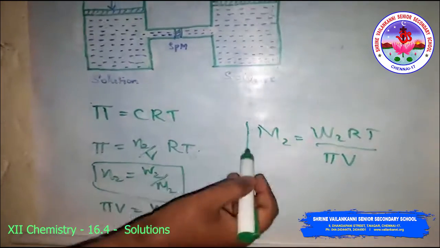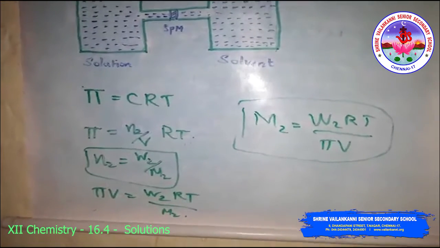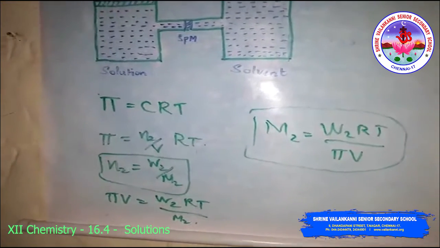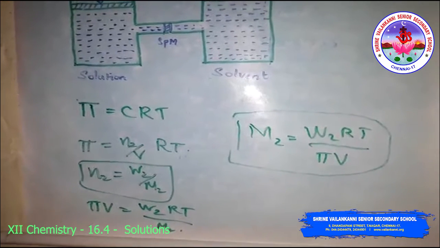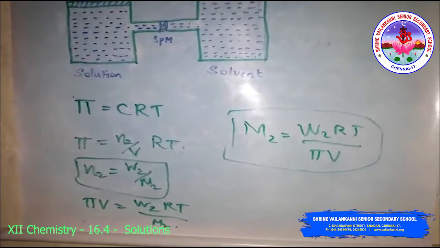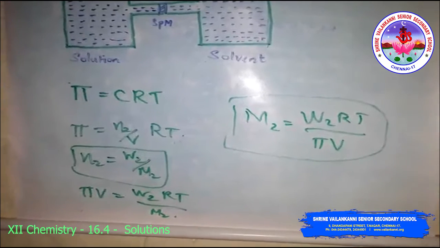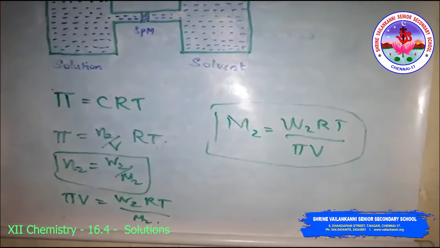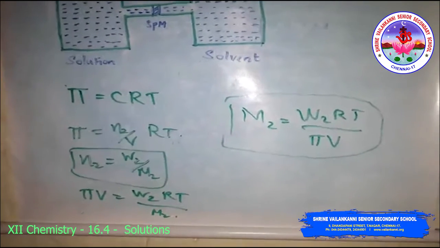So you can use this formula for M2 calculation and for Π calculation. Knowing W2, Π and V, we can calculate the molar mass of the solute. So measurement of the osmotic pressure provides another method of determining the molar mass of the solute.